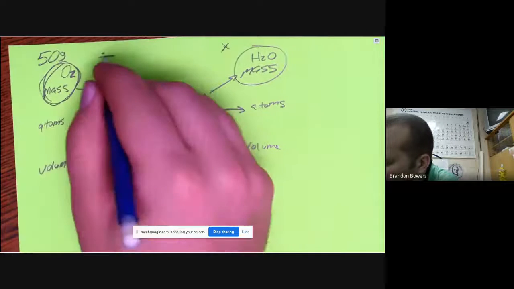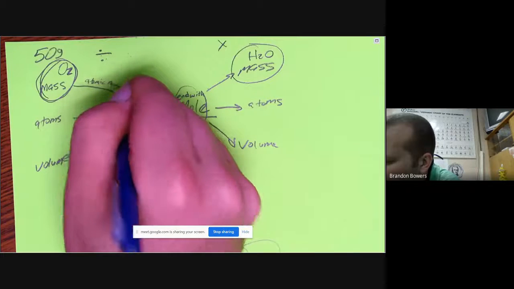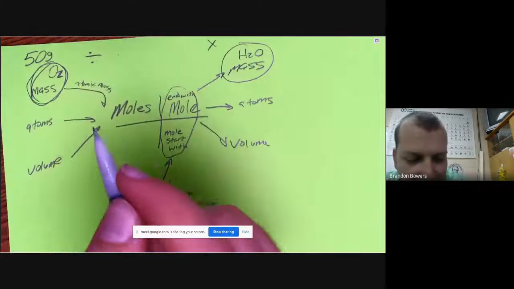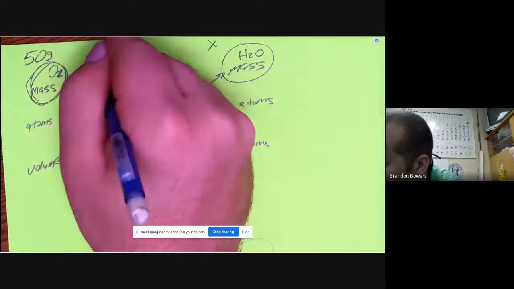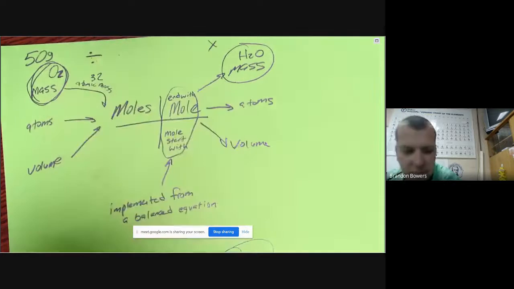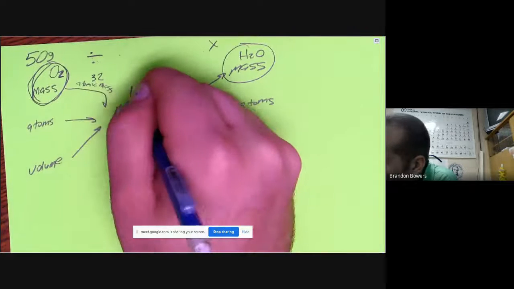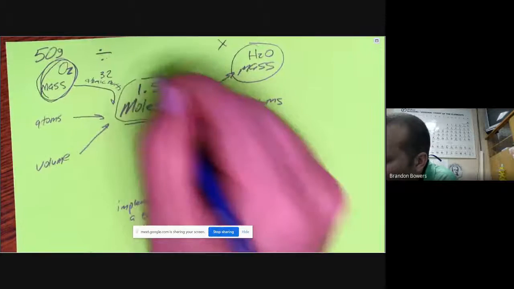Remember, you got to divide by the atomic mass of oxygen, O2. If you look on the periodic table, oxygen weighs 16, but O2 means it weighs 32. So you type into a calculator 50 divided by 32, and that's 1.56 moles.